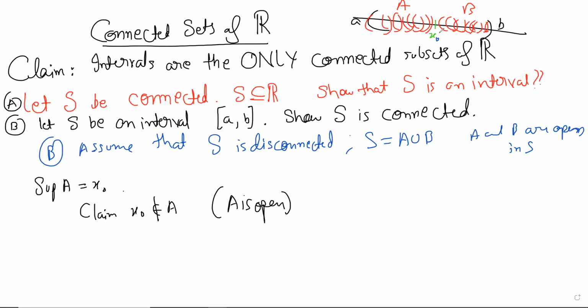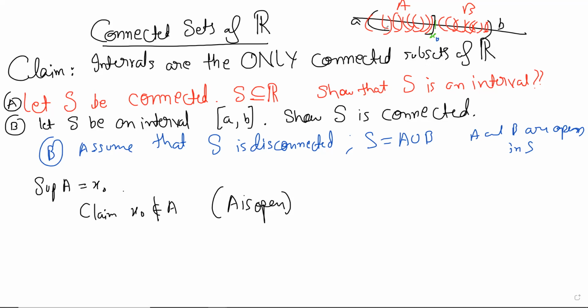If the supremum happens to be in A, then A becomes like this on this side. Roughly speaking, you will need to use the fact that A is open.